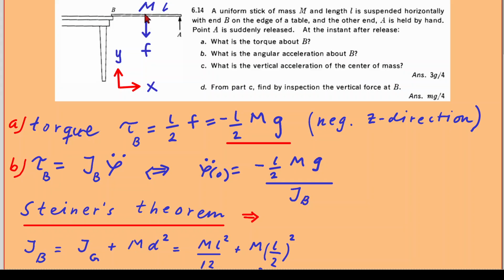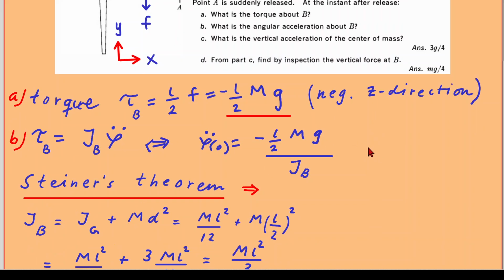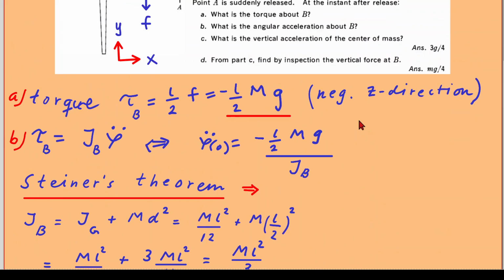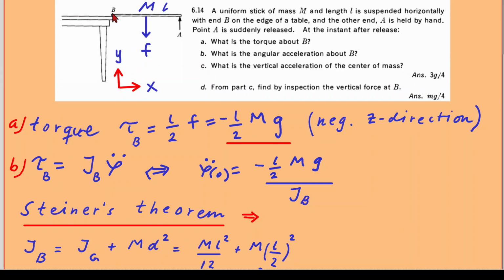So that's B. And C, what is the vertical acceleration of the center of mass at this moment? So here's the center of mass. And as soon as you let your hand go, then the center of mass will start accelerating. So what do we know with respect to B?